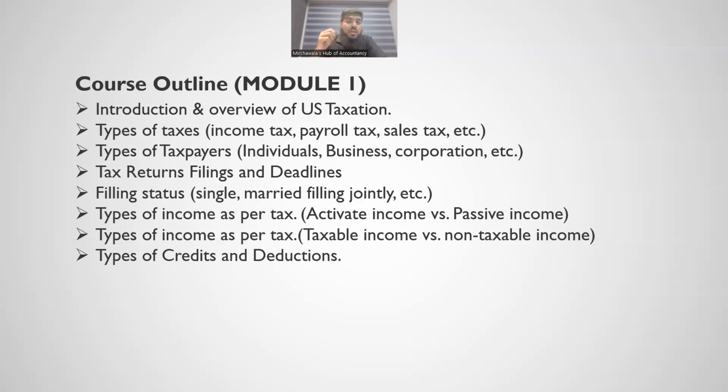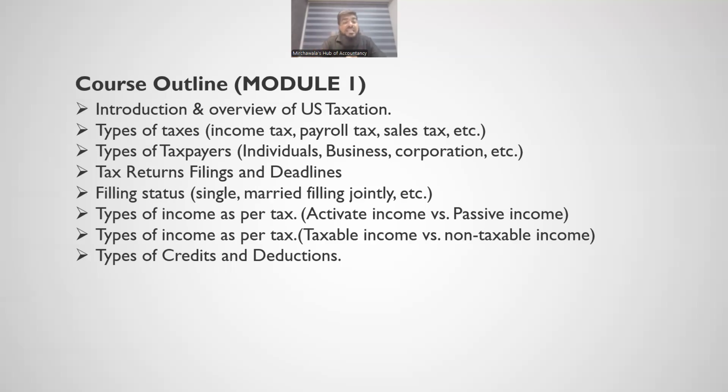If someone has invested some amount in stocks or in any business and he is just sitting at home and not putting in physical effort, it means that he is earning passively. Okay. Then we have again type of income as per tax, but this is focusing on taxable versus non-taxable. So we have two types of income, which are taxable and non-taxable. We will take a look at what kind of income is taxable in the US and what kind of income is non-taxable.